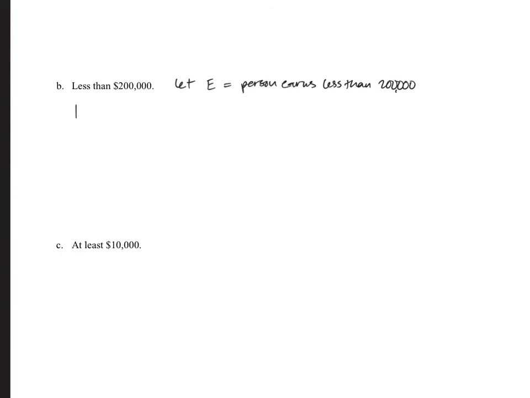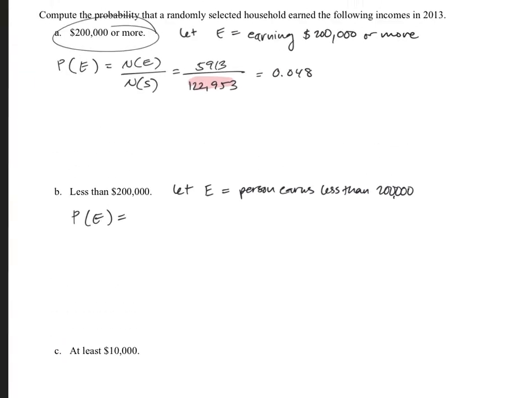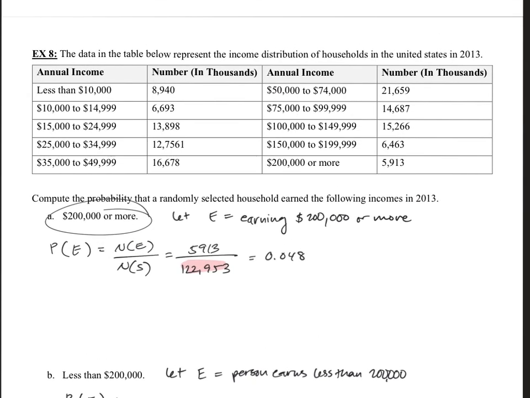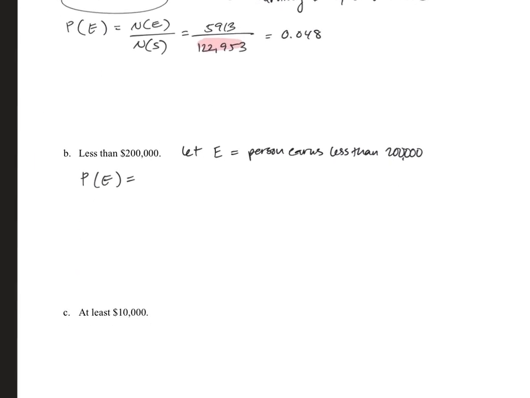Okay, so we have the probability of E equals, well, I could go through and compute all of these probabilities for each grouping and add them together to find those that earn less than $200,000. But that would take a lot of time. So because I don't want to do that, I can actually use the complement rule. So the probability of this would be 1 minus the probability of E complement.